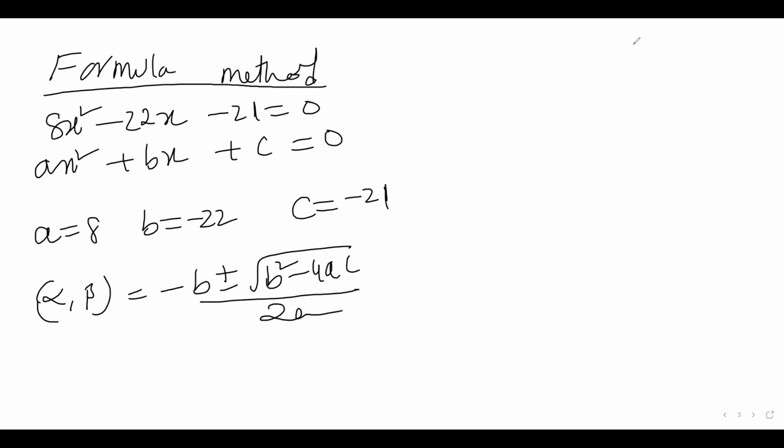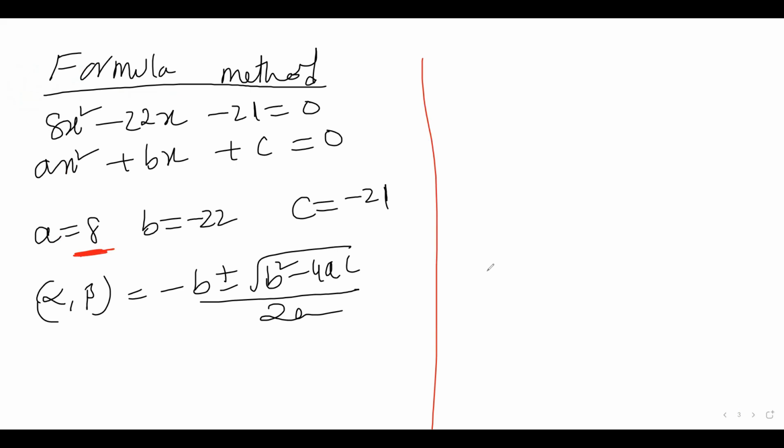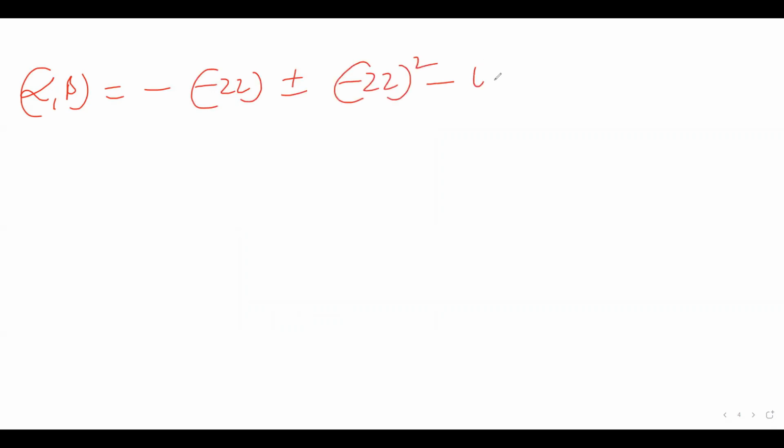Let us substitute in the formula. B is minus 22. Alpha comma beta is equal to minus b is minus 22 plus or minus b square minus 4.